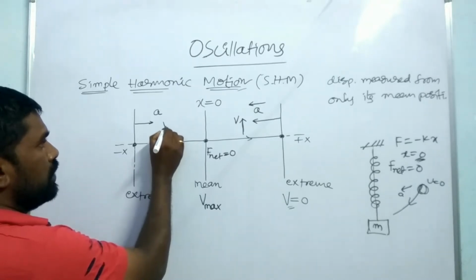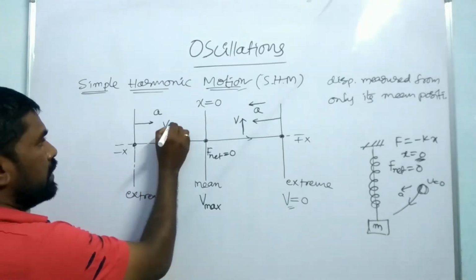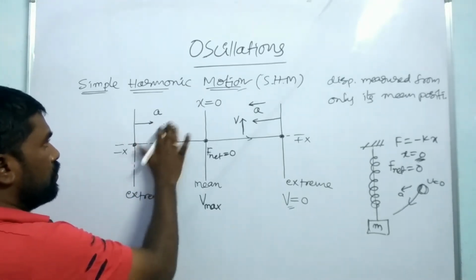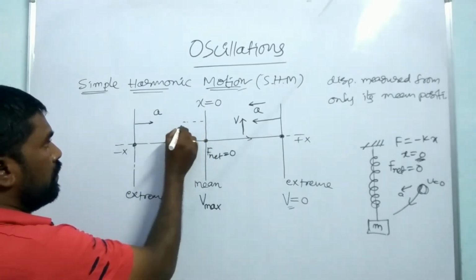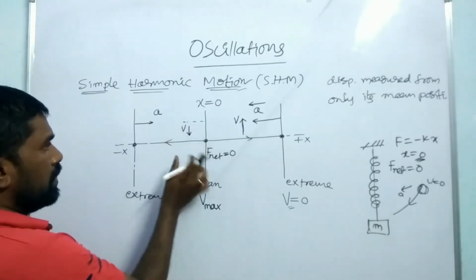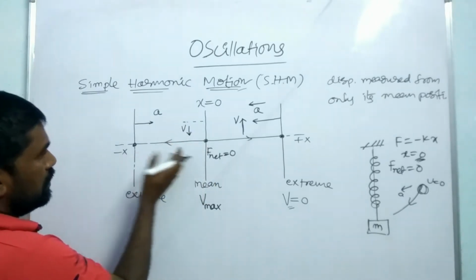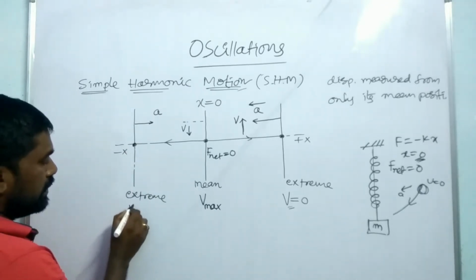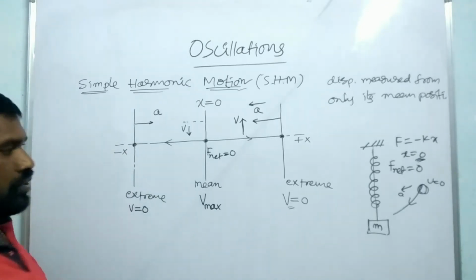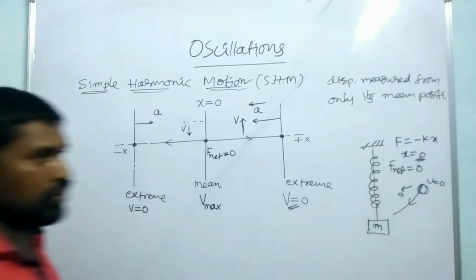Now the velocity increases here. Of course, if the particle moves in this direction, the velocity decreases, until it becomes 0. At the extreme point, the velocity is equal to 0.